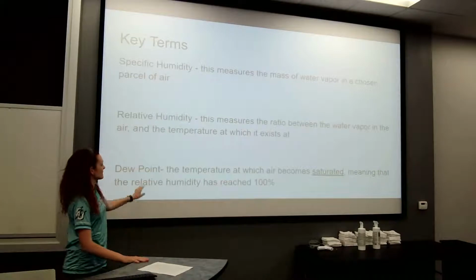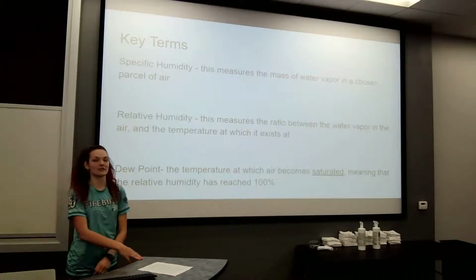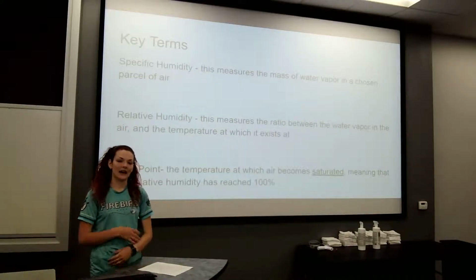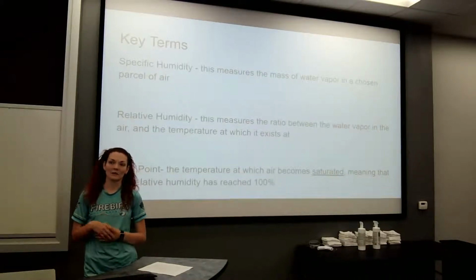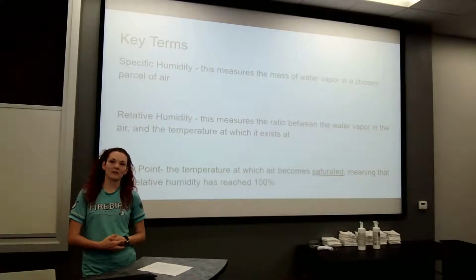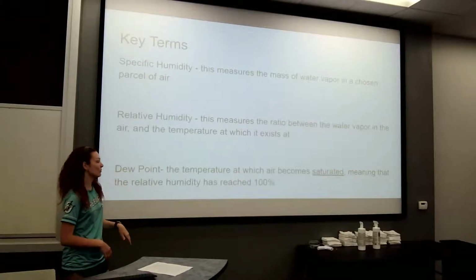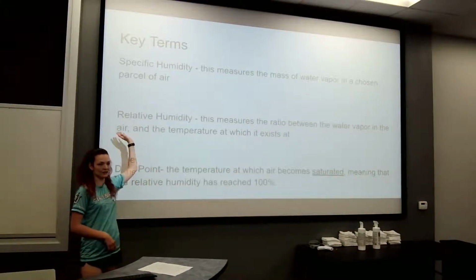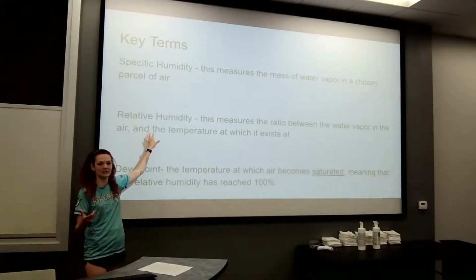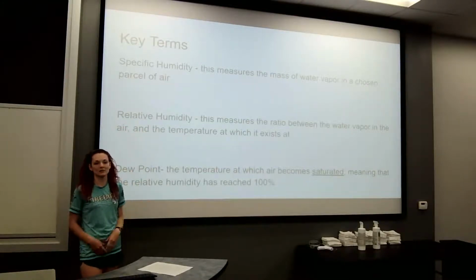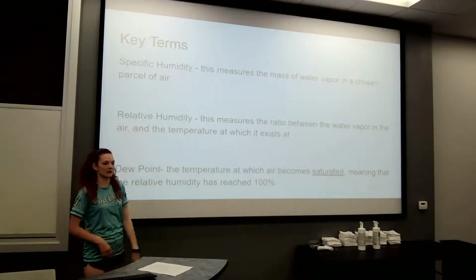Then we have specific humidity that measures the mass. So how many water vapor molecules, how heavy are they? So that's the mass of water vapor. Then we have relative humidity, which is what we see most commonly. This is what the Weather Channel gives you, relative humidity shown as a percentage. Like if they tell you it's 60% humidity, that's our relative humidity.